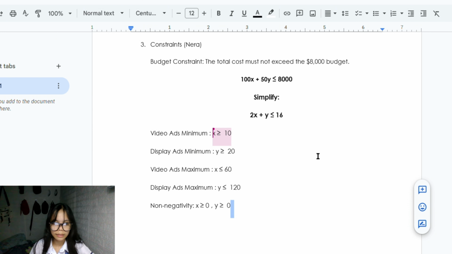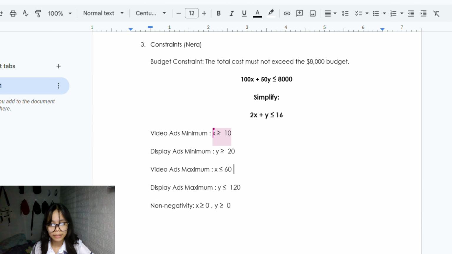So for the display ads maximum, the campaign cannot exceed an inventory limit of 120,000 display ads. So we have the mathematical representation here: y is less than or equal to 120.